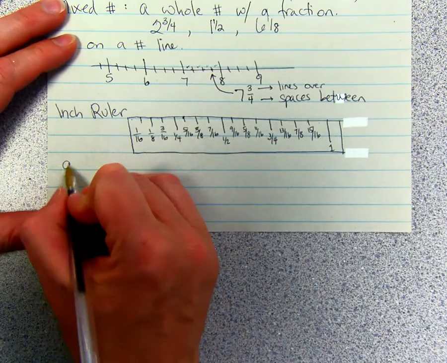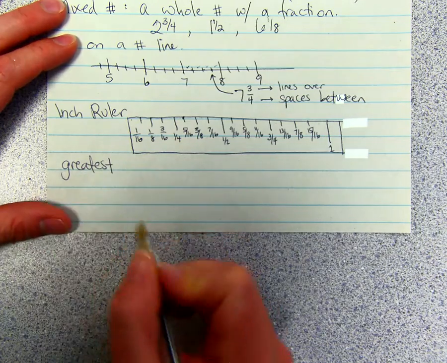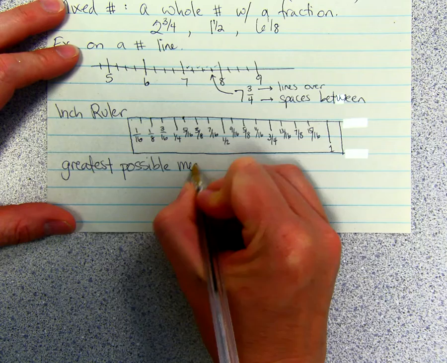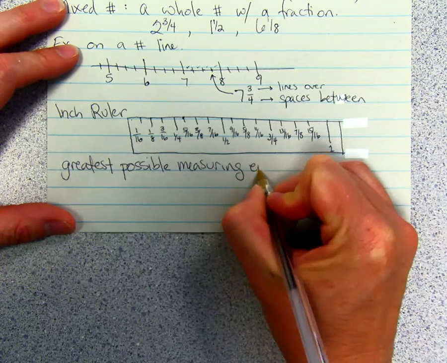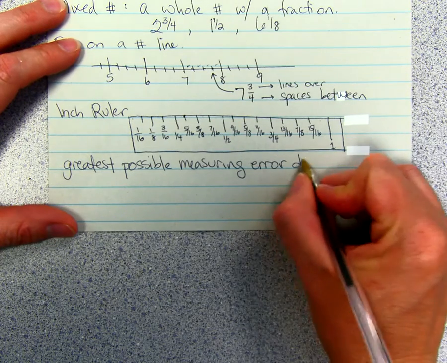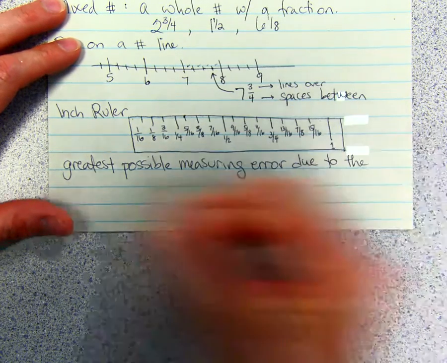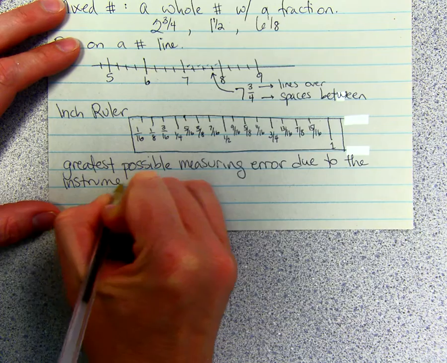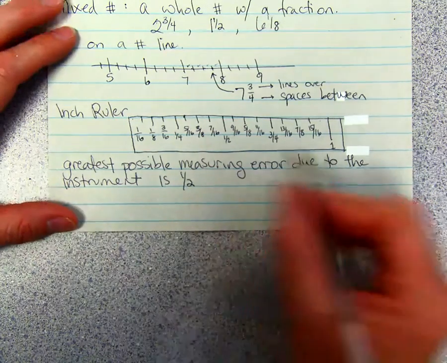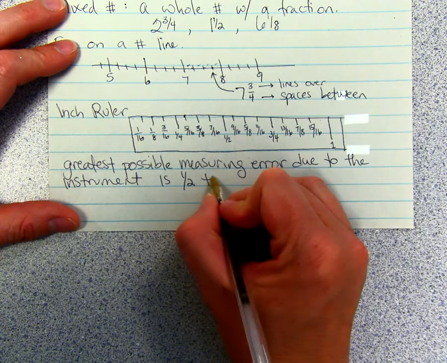When you are measuring, the greatest possible measuring error on any measuring device, due to the instrument that you're using, is 1/2 the unit that marks the instrument.